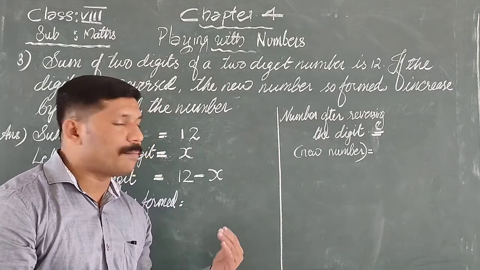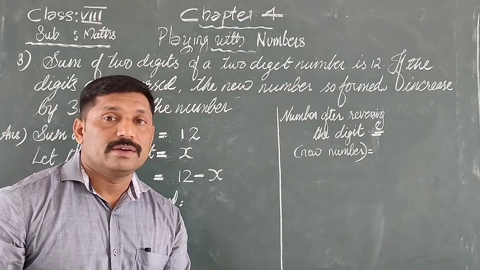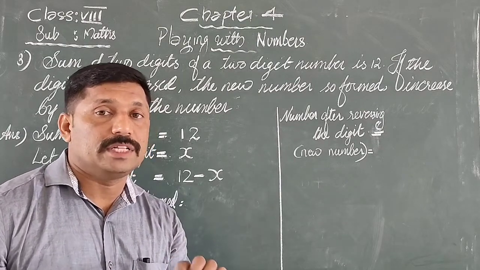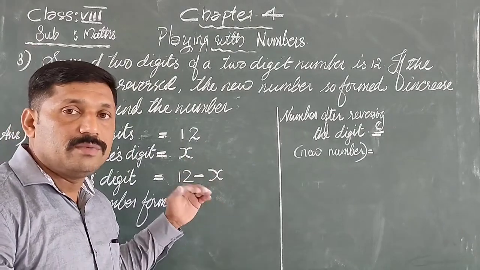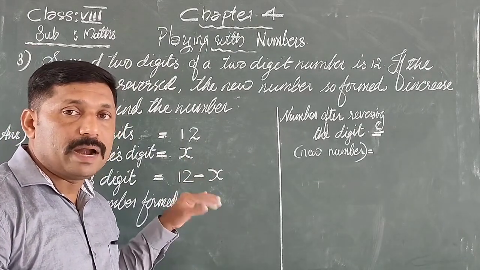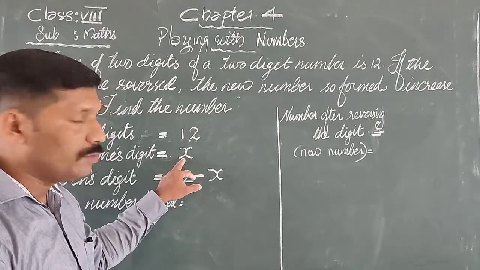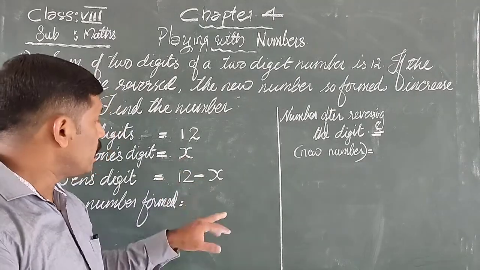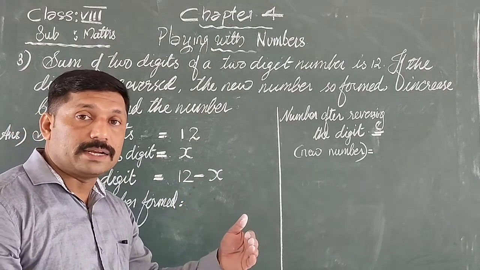In that way a number is formed. A number is formed when the digits are multiplied with their place values, ones digit by ones place and tens digit by tens place.